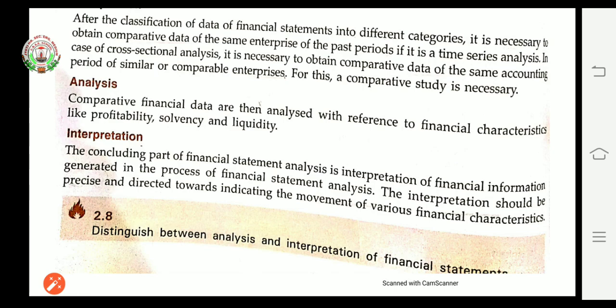Precise means very clear and accurate, and it should be directed towards indicating the movement of various financial characteristics. It should show whether that particular enterprise has an increase or decrease in the financial characteristics. Financial characteristics here means the balance sheet, statement of profit and loss or cash flow, and all this will be done on a quantitative basis.